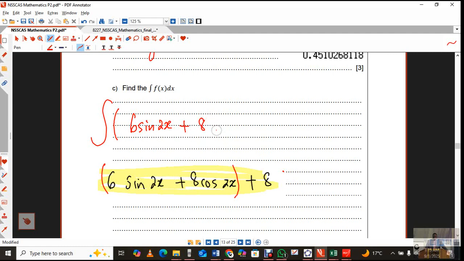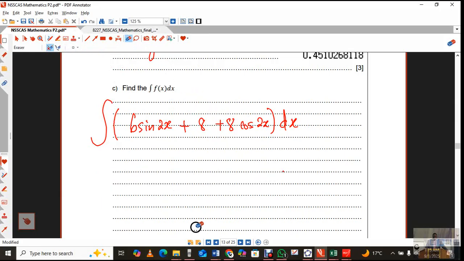I can actually put plus 8 there if I wanted to. Plus 8 cos of 2x. We're going to obviously integrate with respect to x. Right, let's just clean this stuff up and let's continue.